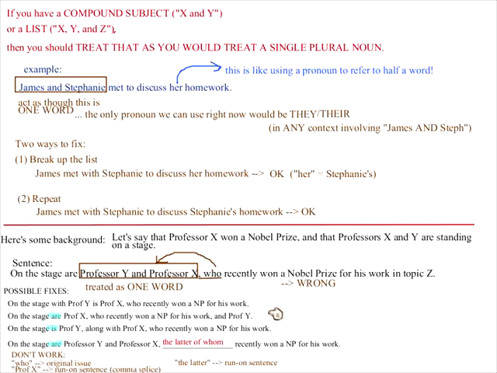In the text box, what's the subject here? Yeah, because it's Professor X and Professor Y. So even though there's a modifier in there, you just ignore the modifier, and you have this compound subject which just happens to be interrupted.